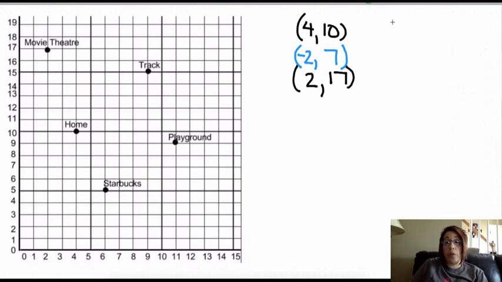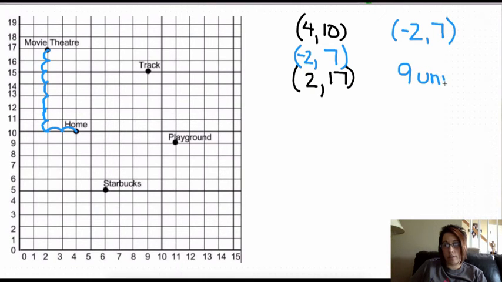So the ordered pair that describes that trip is -2, 7. -2 means we go to the left 2 spaces. 7 positive means we go 1, 2, 3, 4, 5, 6, 7 to get to the movie theater. So 7 plus 2 is 9 units.